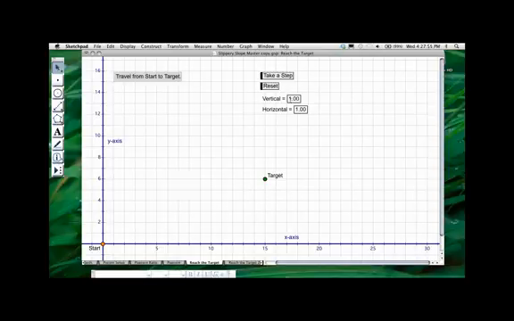Up 2 and right 5. Okay, so let's try that out. Okay, got it. Awesome.